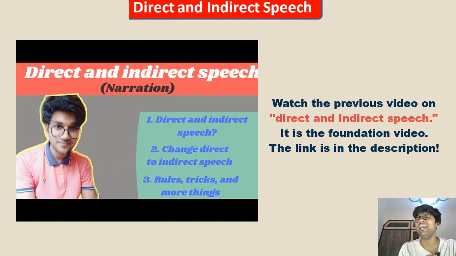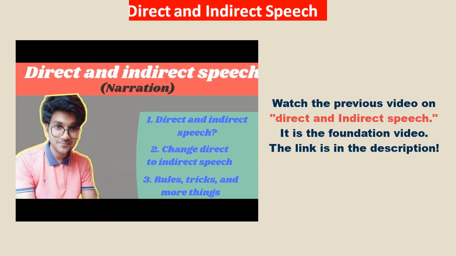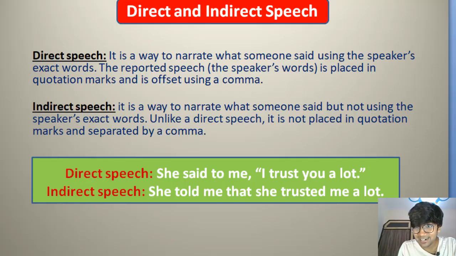We talked about everything in detail. So if you are at the basic level and do not know what direct and indirect speech is, that previous lesson will explain everything to you.